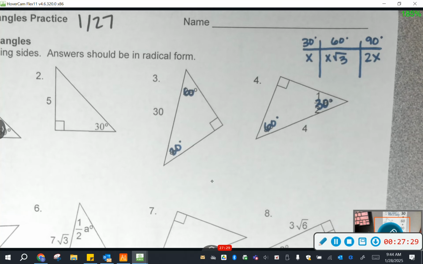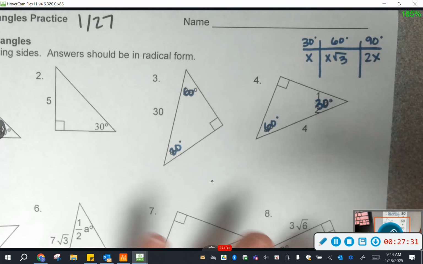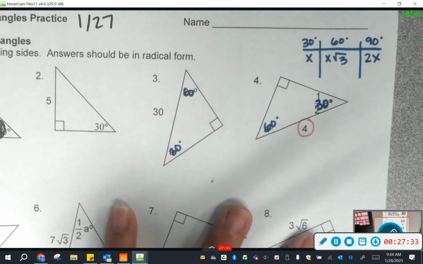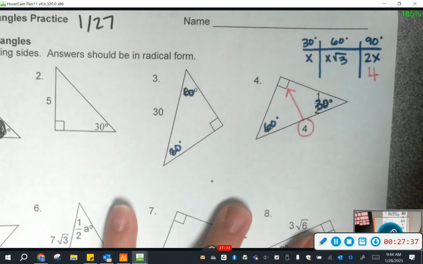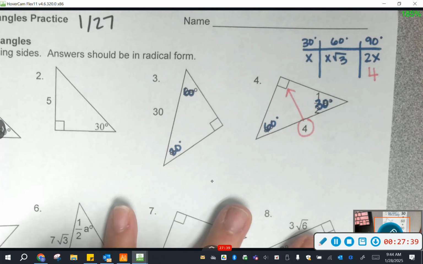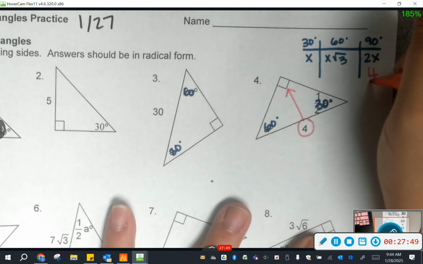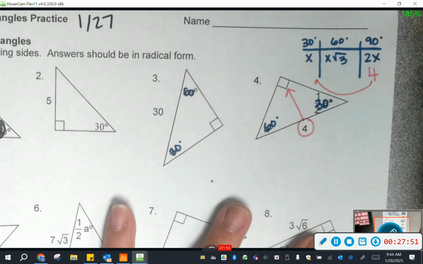What did I give you this time? 4. And what do we know about 4? It is across from the 90. So everybody please put 4 in the 90 column. We did not do one where I gave you the 90 column. How do I do this? Can I go backwards to find x?